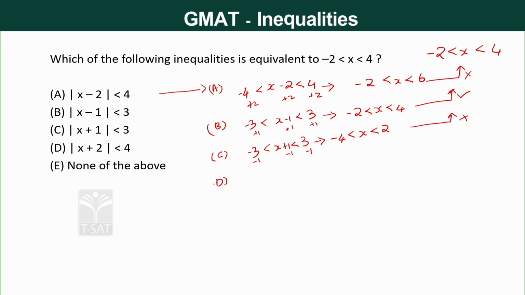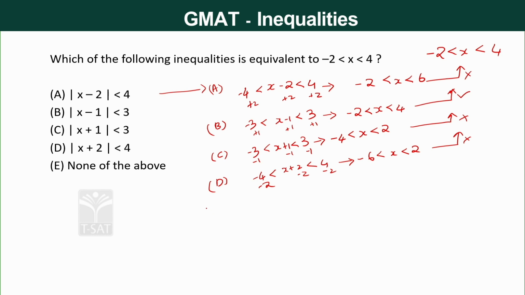Let us look at option D. |x + 2| < 4, that means that x + 2 is less than 4 and greater than -4. Subtracting 2 on all sides, you have -6 < x < 4 - 2, which is 2. This is again not equivalent to our inequality.